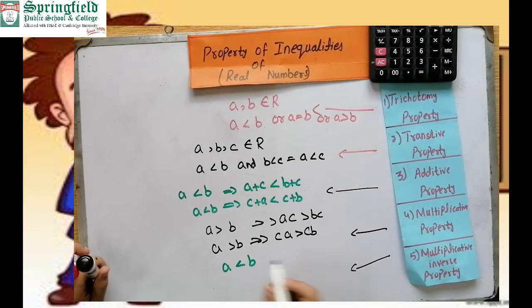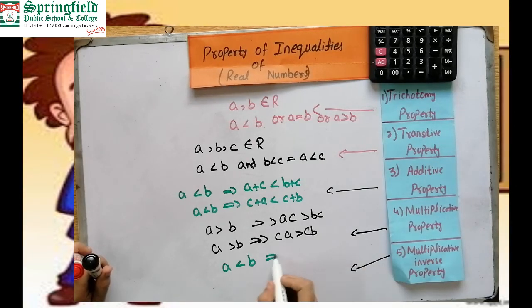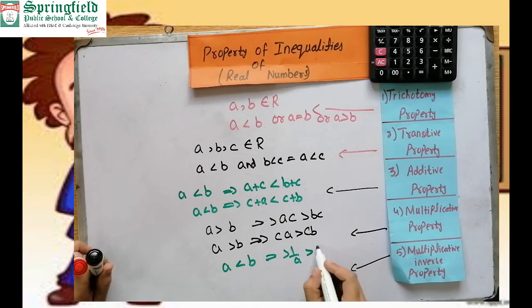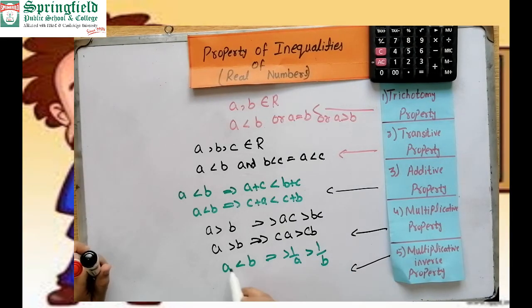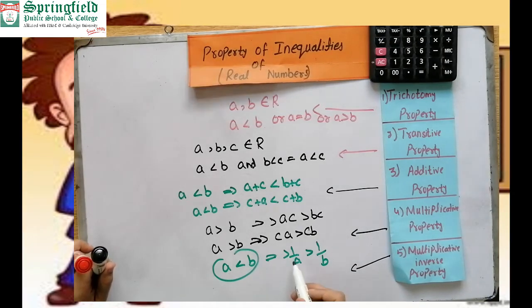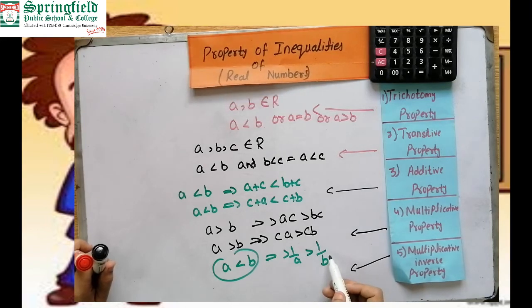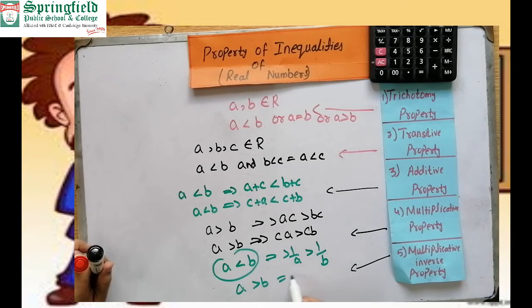When A is less than B, then 1 by A, the inverse of A, will be greater than 1 by B. Similarly, when A is greater than B, then in the inverse position it will become less than 1 by B.